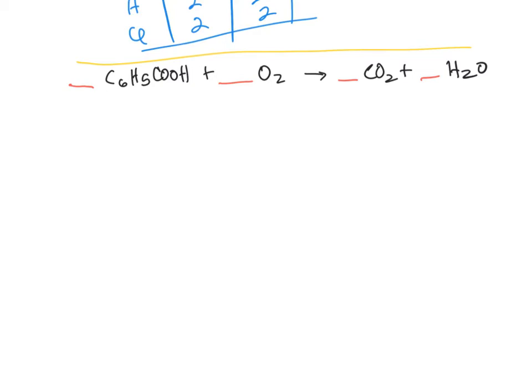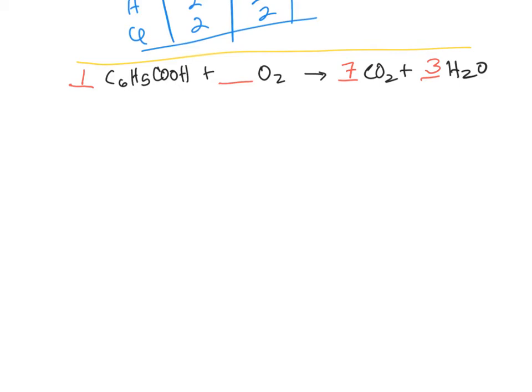Okay, so we can start with the most complicated formula and give it a coefficient of 1. It has 7 carbons in it, so let's put 7 there. Then you have 6 hydrogens on the left, and each water molecule contains 2, so if you put a 3 here, you have 6 hydrogens on the right.